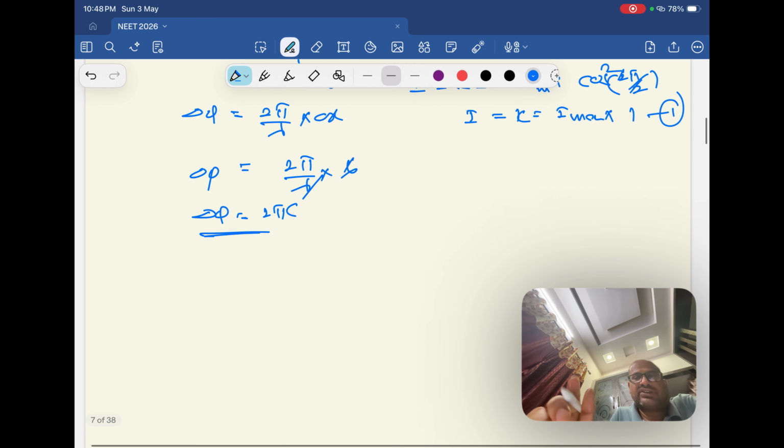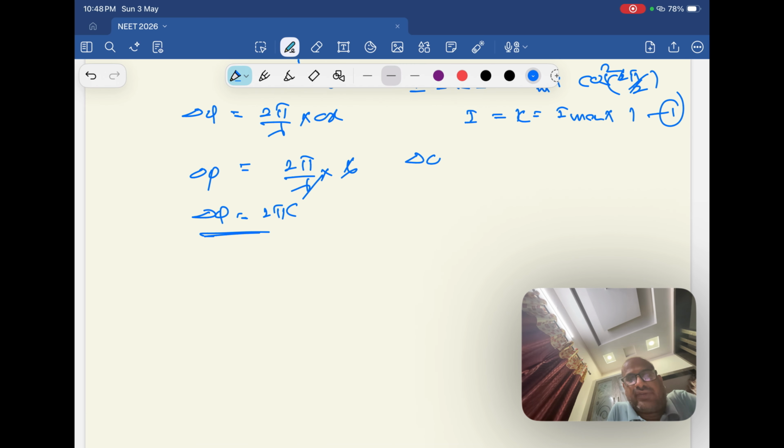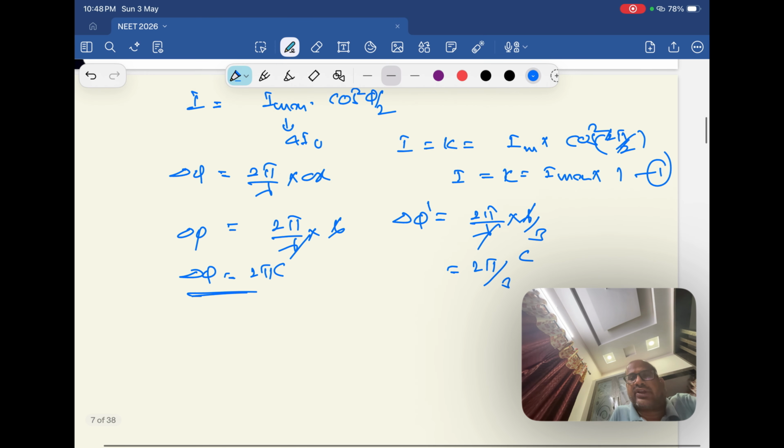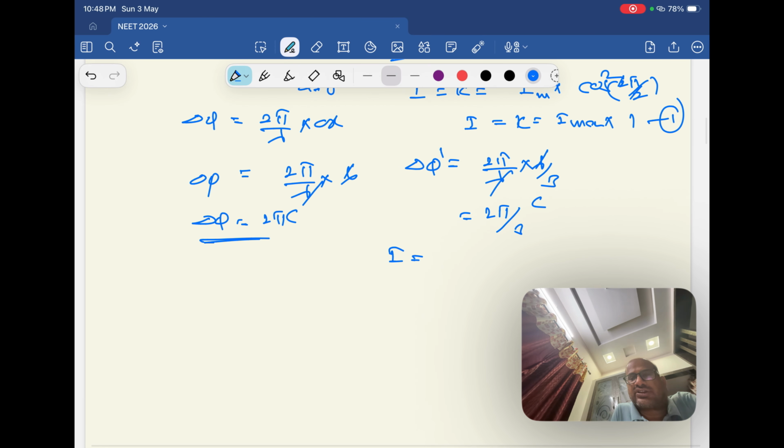Now when path difference is lambda by 3, new phase difference is how much? 2 pi by lambda into lambda by 3, which is equal to 2 pi by 3 radians. Substitute now in the intensity: I max into cos square phi by 2, means 2 pi by 3 by 2, students.